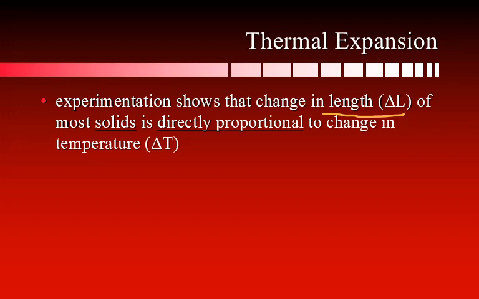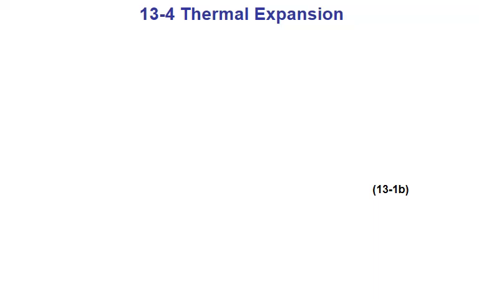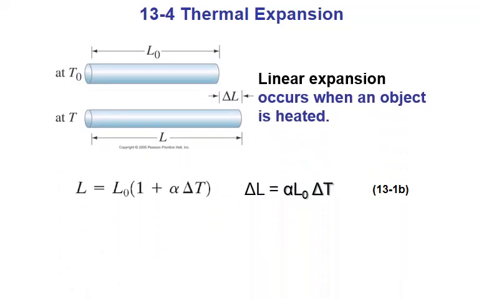We'll have the coefficient of linear expansion, alpha, and the greater alpha is, the greater the expansion we're going to have. So when we calculate this, we multiply the original length, L0, by 1 plus alpha times the change in temperature.